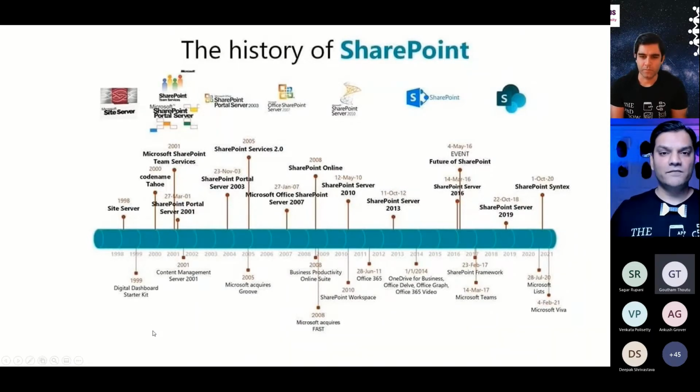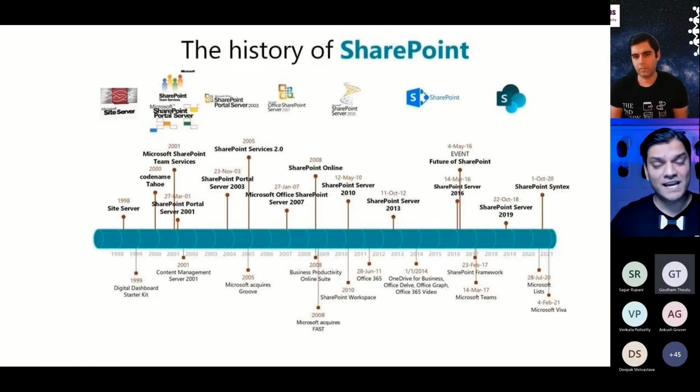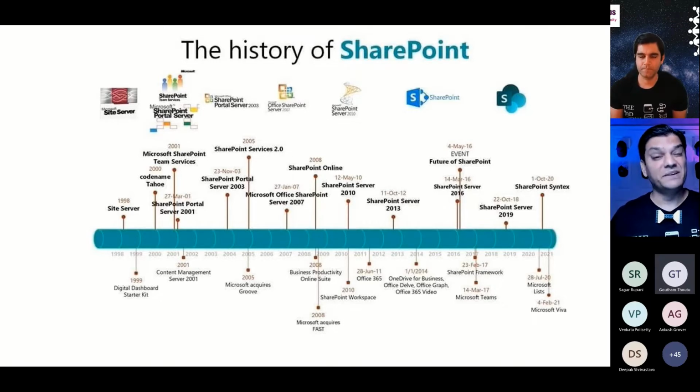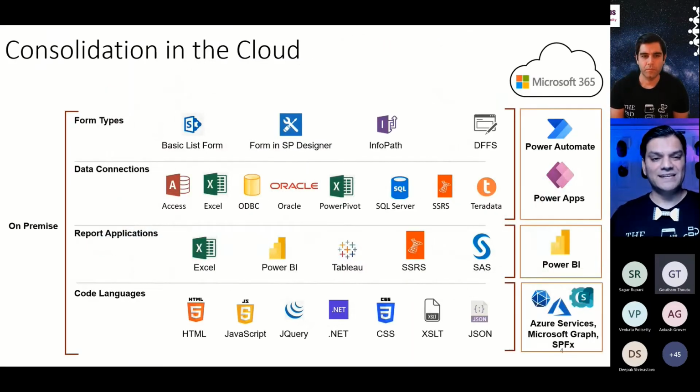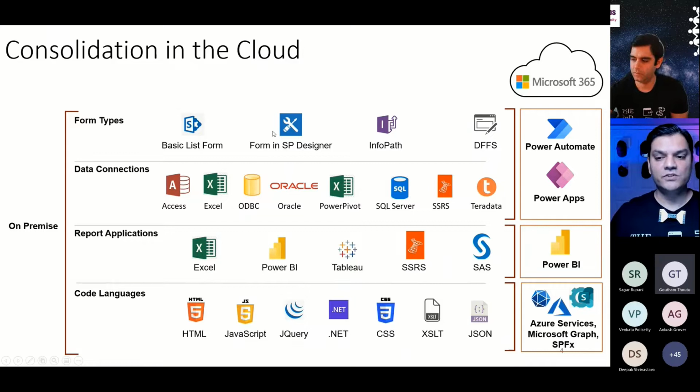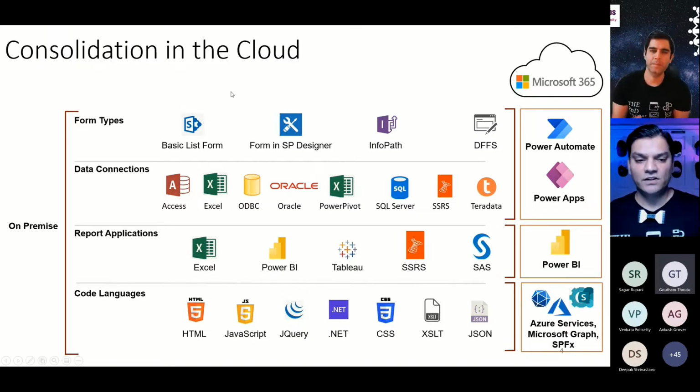But now when we are talking from a Power Platform perspective, the main ones that we want to talk about are web forms, apps, workflows, even building reports, server integration. This is a great example of how the whole consolidation in the cloud has happened, from on-premise to the Microsoft 365 cloud.